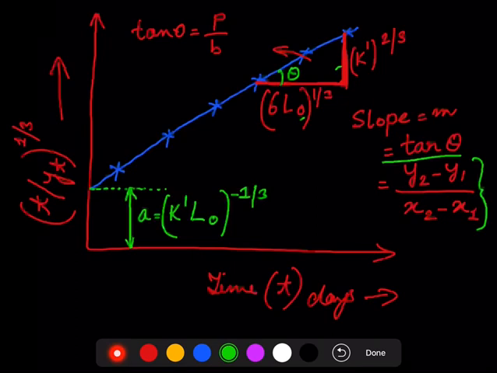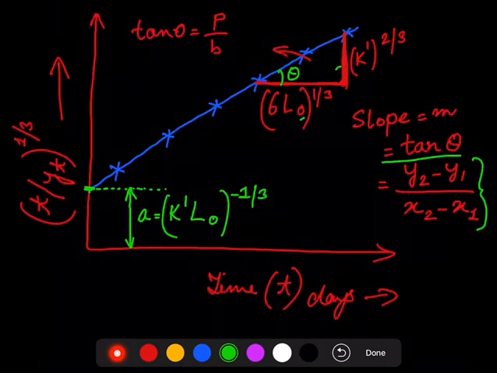Now see, a straight line is obtained, which has intercept equal to a at time t equals 0. So the intercept is at time 0 days, and the slope you have already got.